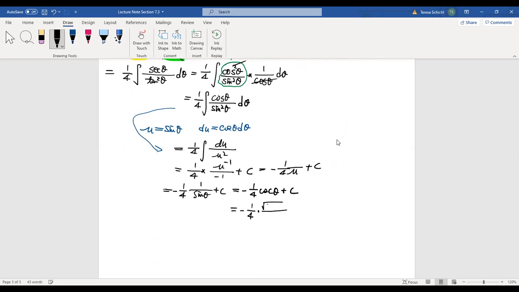Hypotenuse will be the square root of x squared plus 4, over opposite, which is x, plus C, right? So my final answer will be like this. Remember, because you are starting with x, you need to switch everything back to x here.